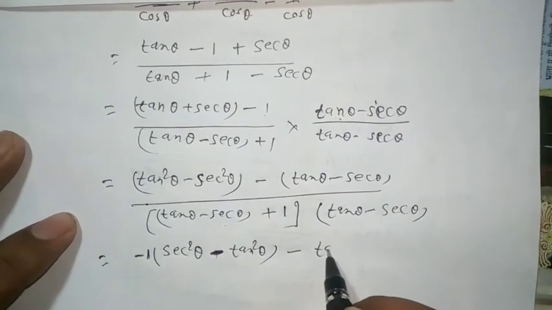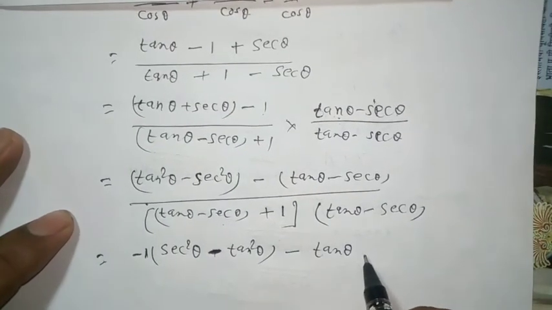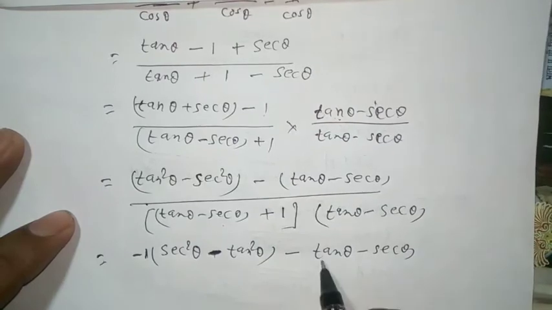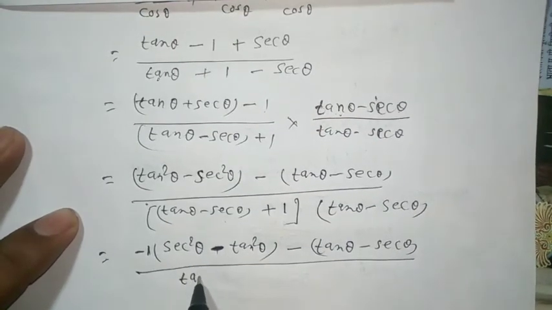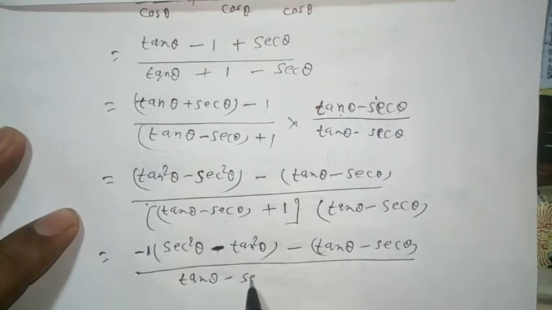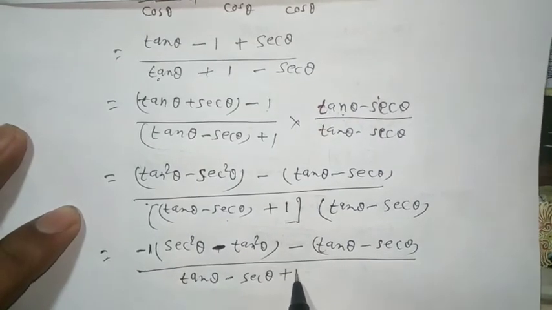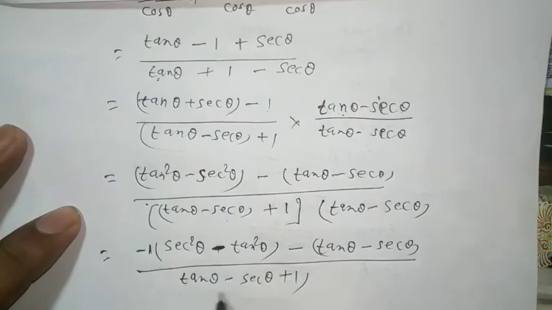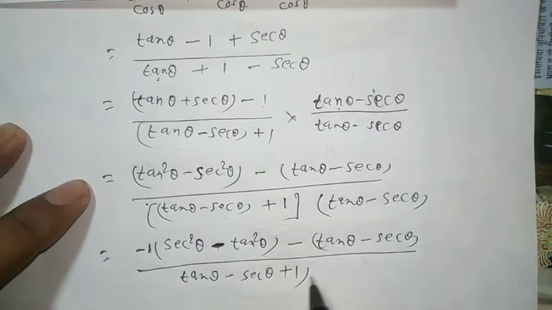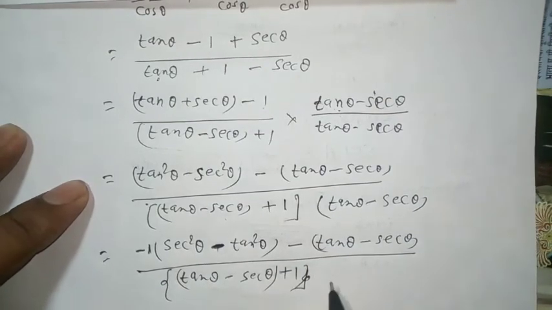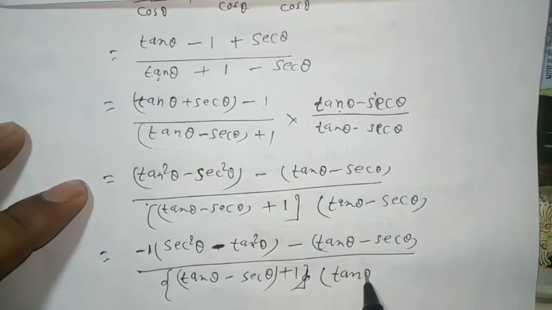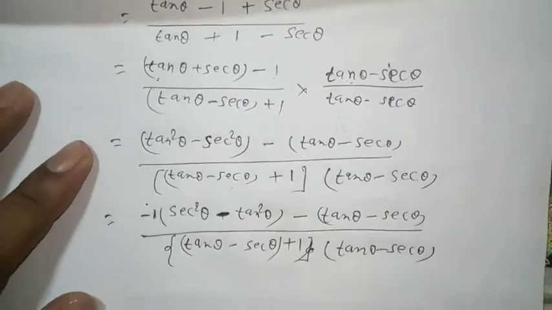Minus, tan theta minus sec theta by tan theta minus sec theta plus 1 into tan theta minus sec theta.